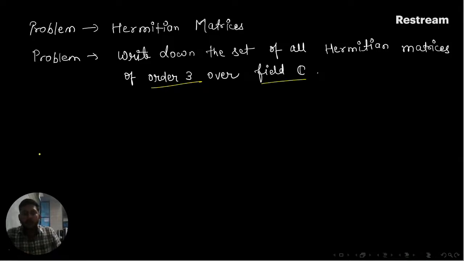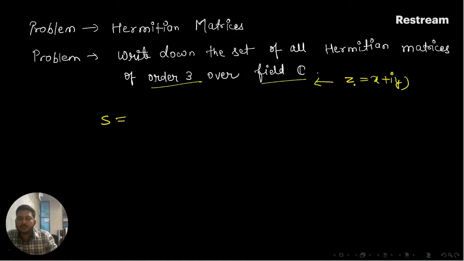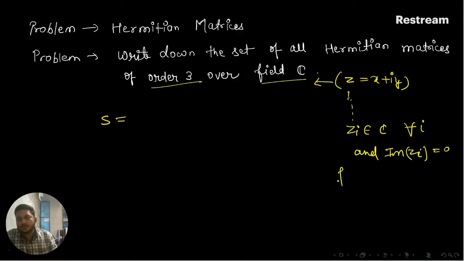So you may write it like this. Take some complex type entries. We write the standard form: z equal to x plus iota y. So take a matrix whose entries zi belong to complex numbers, and the imaginary part of zi is equal to 0 for all i equal to 1 to 3 for the diagonal entries.